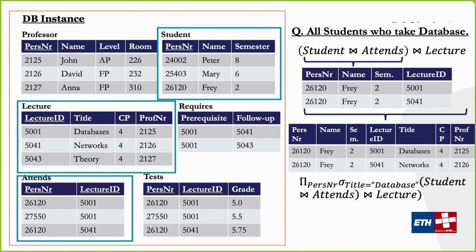You have the selection there, and then you do a projection to keep all the students, and that's it. Okay? So this relatively short relational algebra expression is one way to implement that query. It's not the only way. You can write other expressions with equivalent semantics to answer the same query, but this is one way for you to do that.